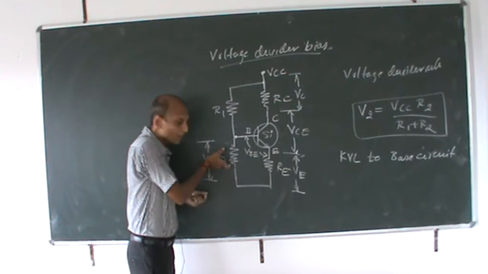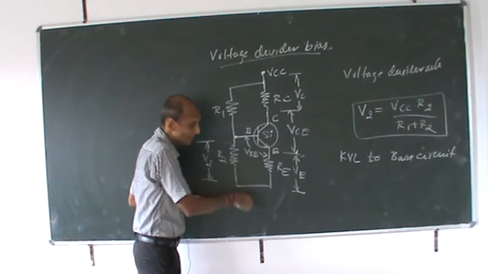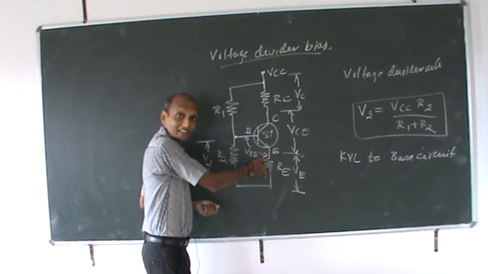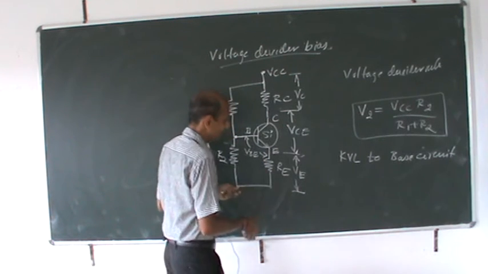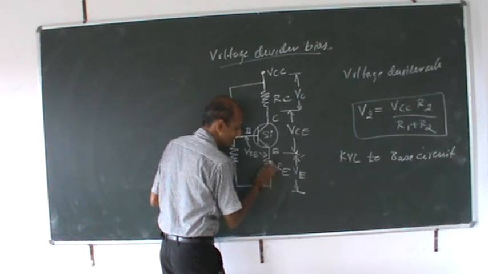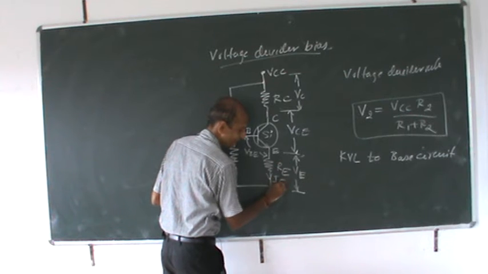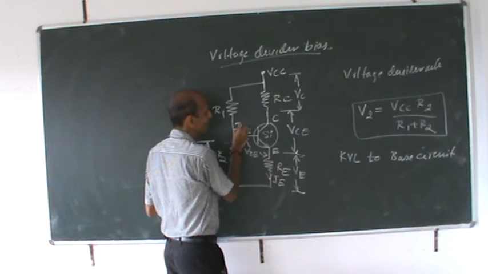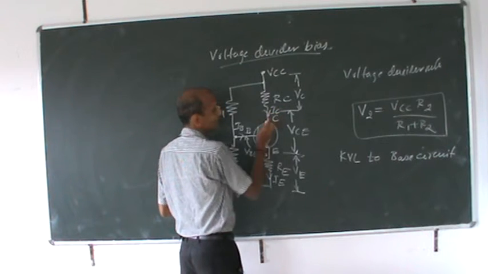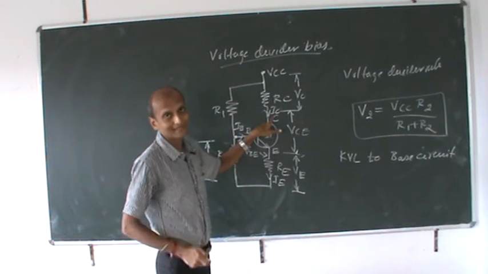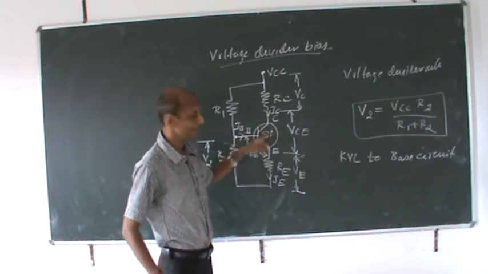It will be the applied voltage plus VBE plus VE, isn't it? Fine or not? Yes or no? And I write the currents: this is your IE, this is your IB, and this is IC, the collector current, isn't it? Yes.